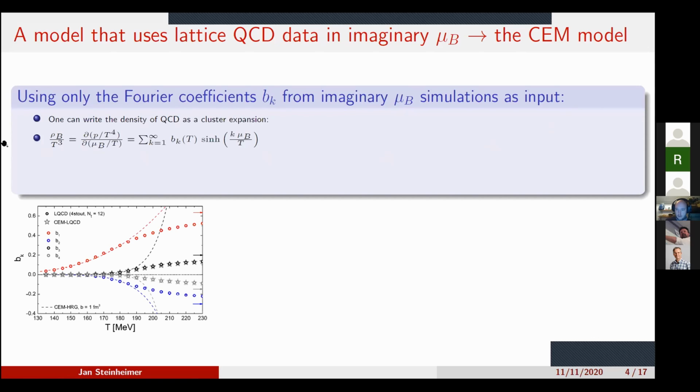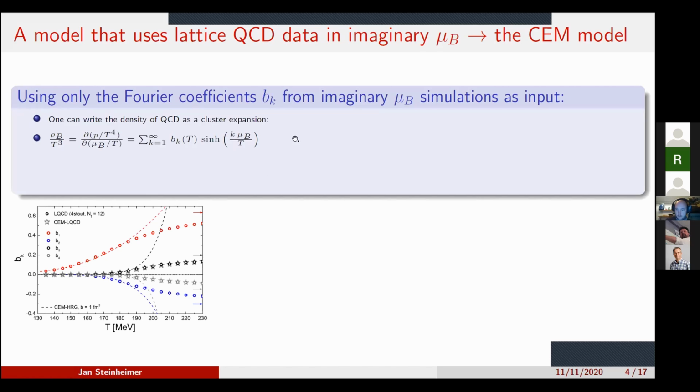So what we did is, we said, why can't we write the density of QCD as a cluster expansion? This is something people do in thermodynamics. Your thermodynamic density is calculated as an expansion in these functions with some coefficients bk, and these bk are coefficients which have been measured on the lattice, at least up to the fourth order.